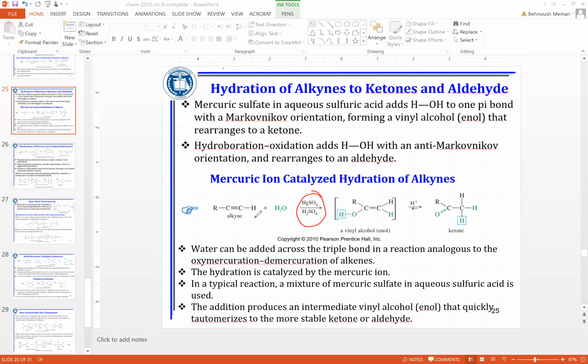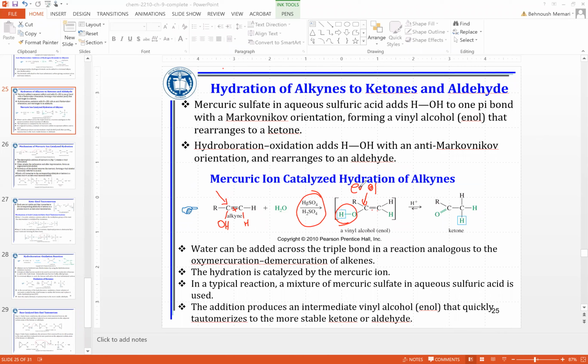What is the Markovnikov addition? H will add to the carbon with more hydrogens, and OH will add to the other carbon. If you look at this carbon now, it carries OH, and it also carries the CC double bond.